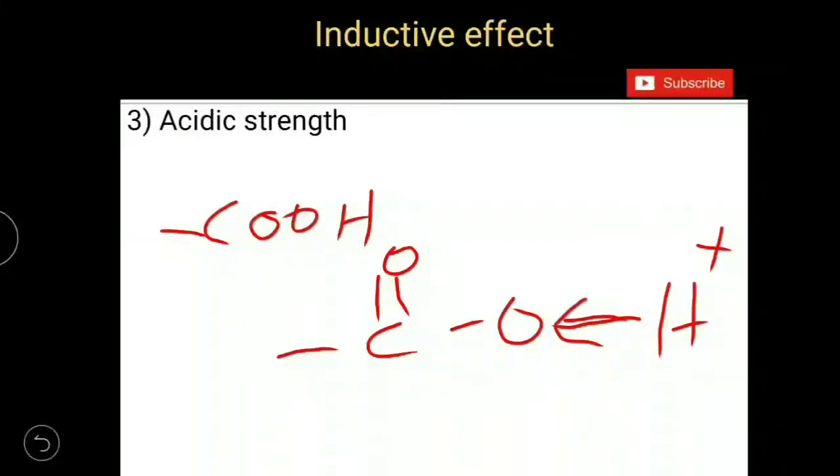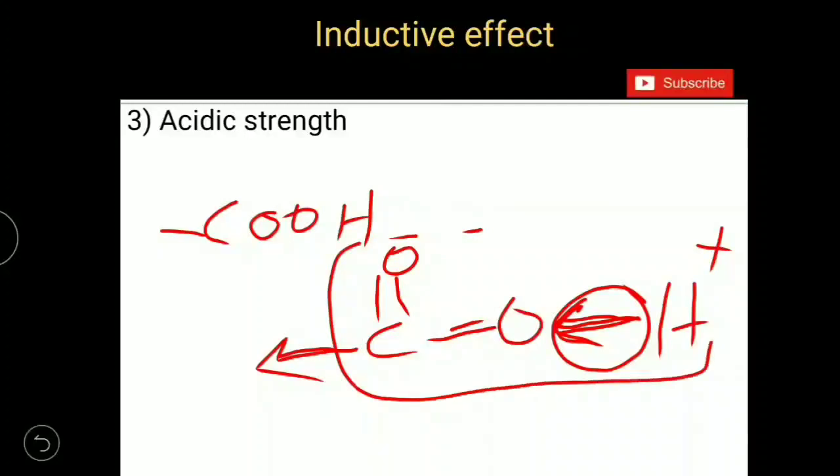It means the electron pair between this oxygen and hydrogen should be withdrawn from hydrogen. So if you have an electron withdrawing group bonded to this COOH, then the acidic strength increases.